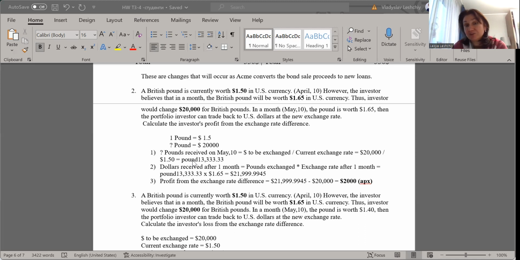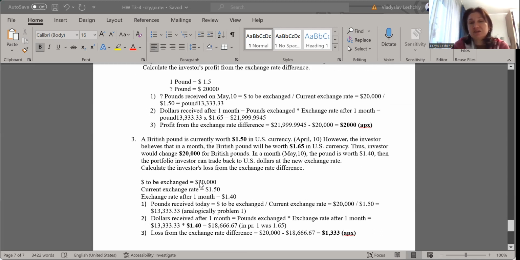He made a fault, and so he will have a loss. And we do everything analogically as we did in the previous problem. All calculations are the same.